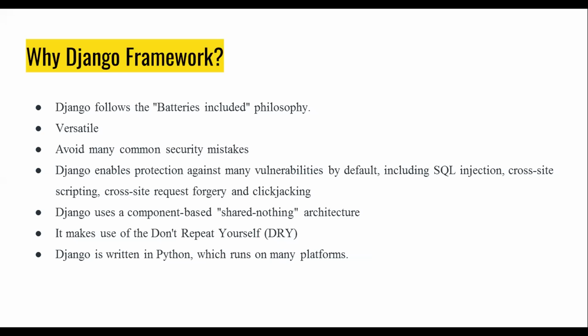Normally, if we are creating a website, the passwords are directly stored in the databases. But here, instead of storing the passwords directly, Django provides a password hash. So Django can check if an entered password is correct by running it through a hash function and comparing the output to the stored hash value.